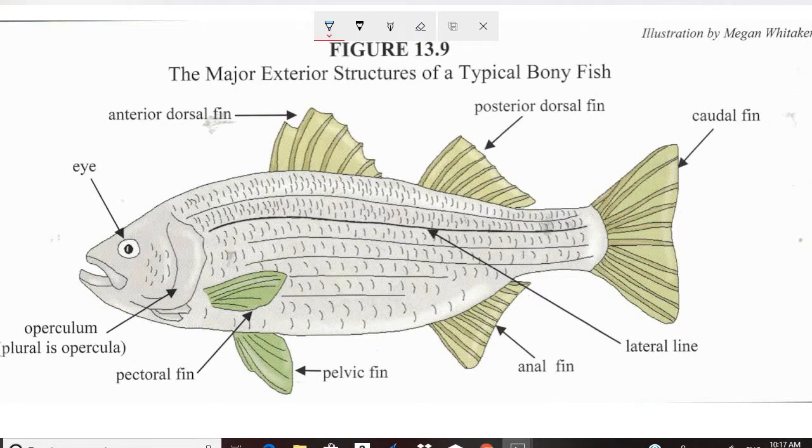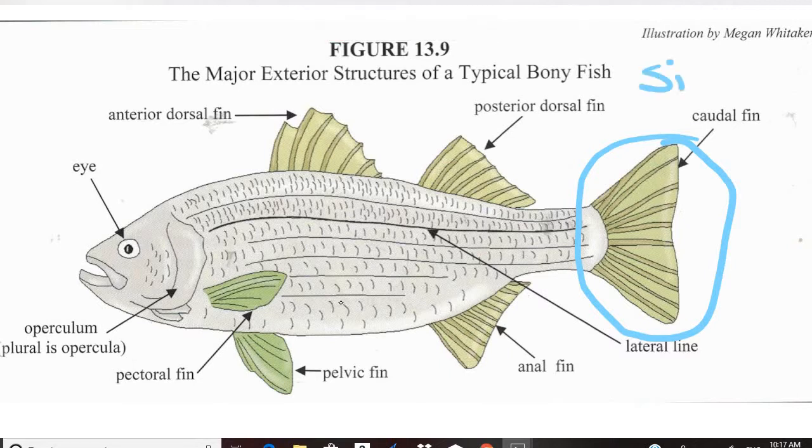One thing that I want to point out with the fish is that if you look at their tail, their tails are flat. The caudal fin, which is the tail fin, is flat side to side. And so when they swim, that fin moves side to side, and so the fish moves side to side as they swim.